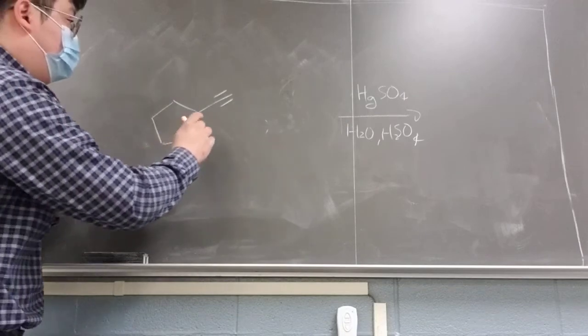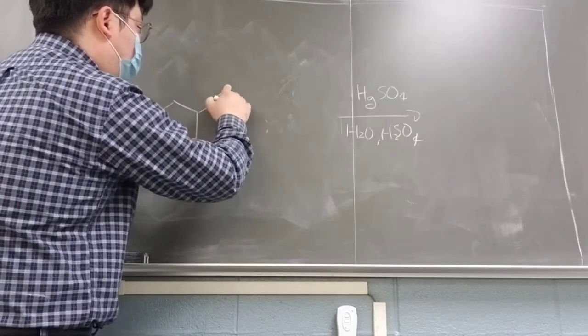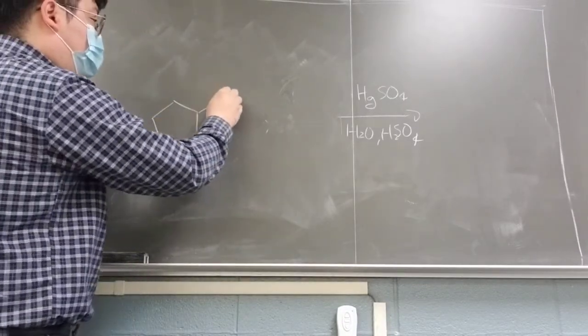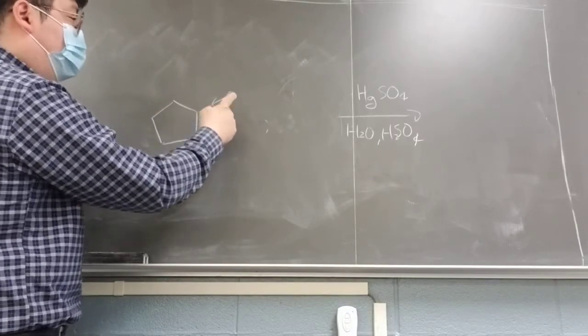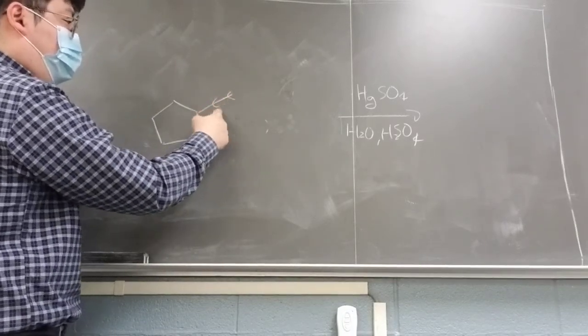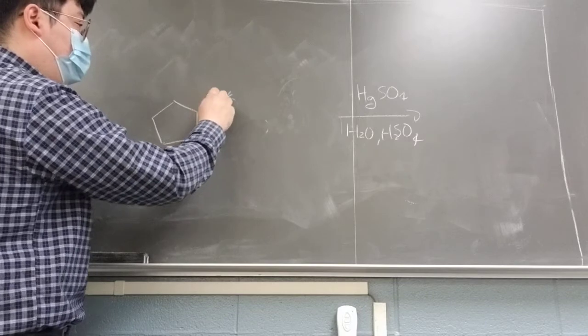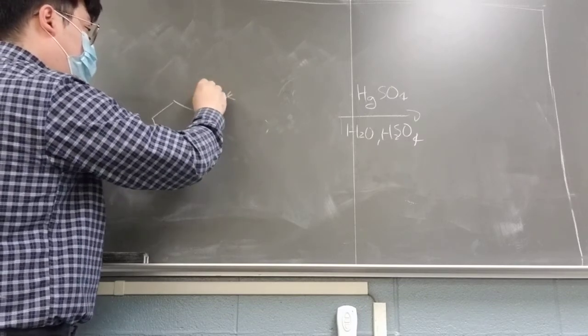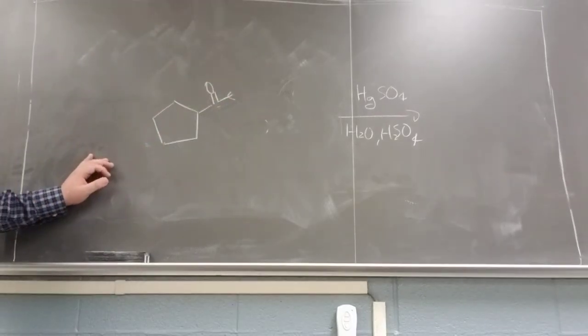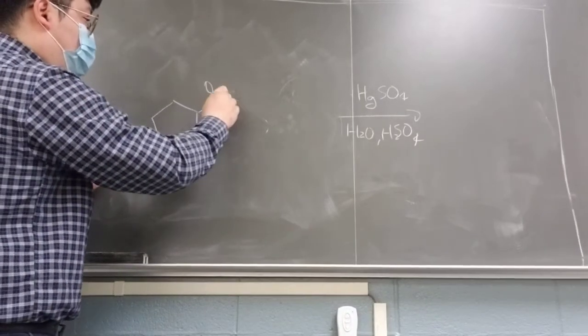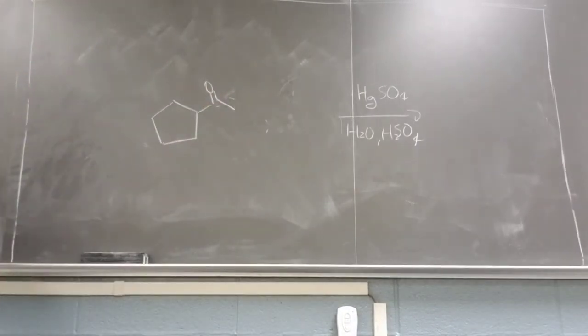Okay, so for this one, I'm going to remove the triple bond, and between these two, this one is more substituted. So I'm going to put oxygen with the double bond, which is the carbonyl group. So there you go. Yeah, makes sense, right?